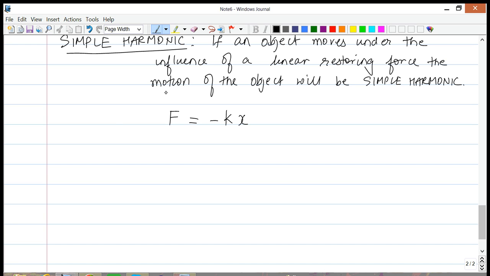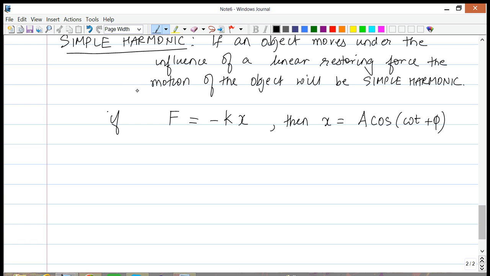So what it says is if F is equal to negative kx, then x will be some constant times cosine of some function of this sort. We'll understand all the parts of this equation very quickly.